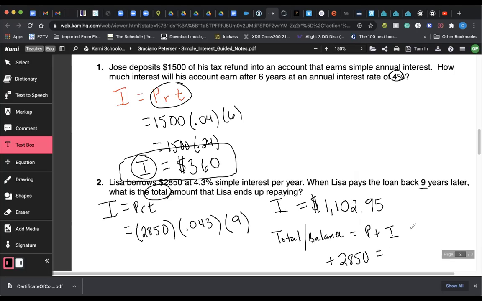And we're gonna get what? 3,952.95. So our total is $3,952.95. Okay, that is our total.